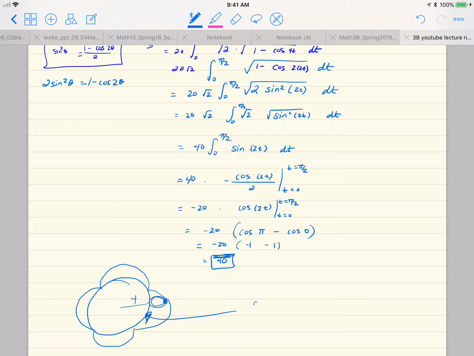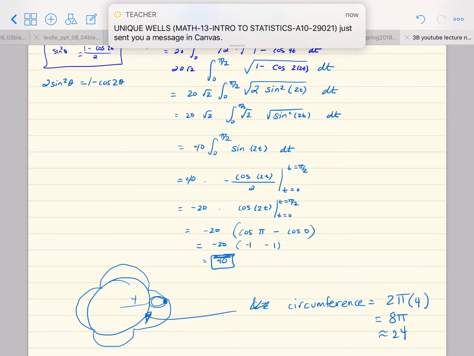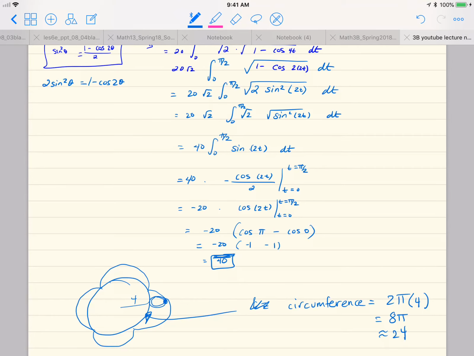It's 2 pi r. So r is 4, so 2 pi times 4 is 8 pi. Pi is a little bit over 3, so that's about 24, a little bit bigger than 24.